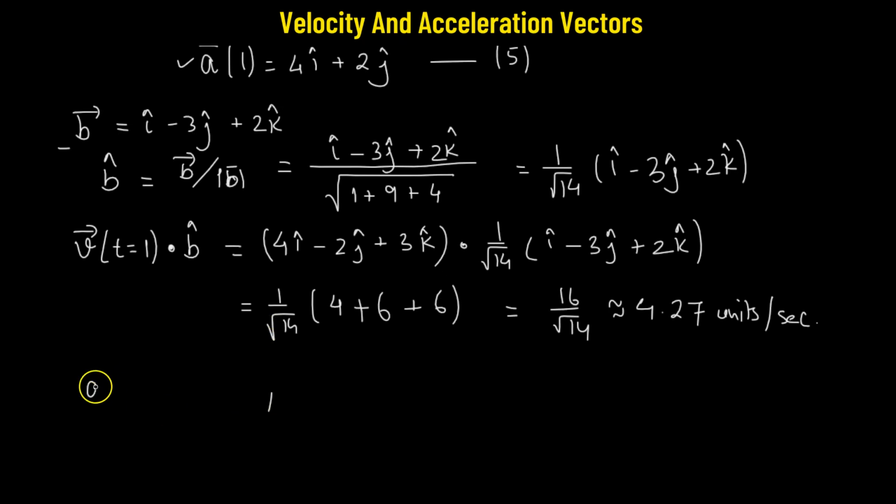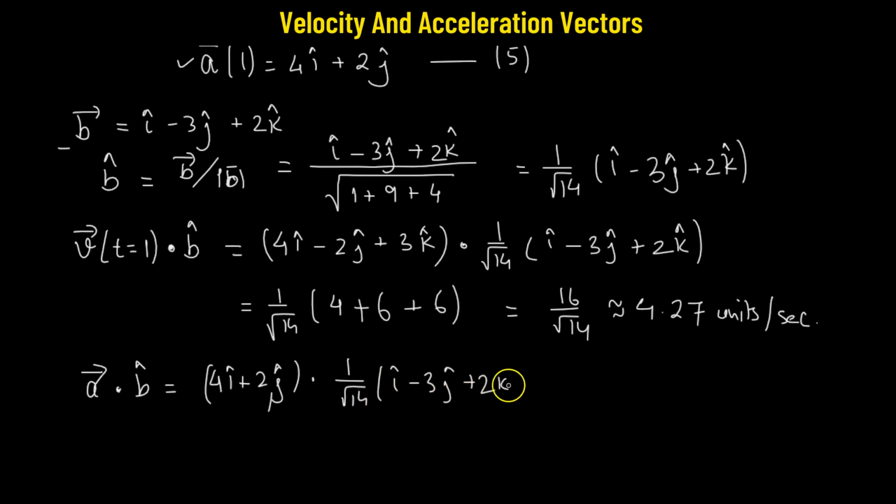This is our velocity component, and we also have to find the acceleration component along the unit vector. So we'll take the acceleration vector and dot it with b cap. Acceleration is 4i cap plus 2j cap, and this will be dotted with 1 over square root of 14 times i cap minus 3j cap plus 2k cap. So that equals 1 over square root of 14 times, 4 times 1, which is positive 4, and 2 times negative 3, which is negative 6.